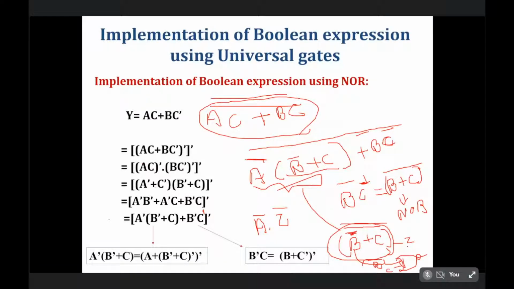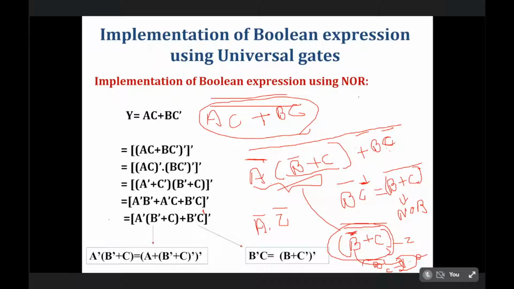Okay, so what we have to do here, one NOR gate, another NOR gate here, one more NOR gate here, one more, and here the whole NOR gate. So how many NOR gates are required here? 1, 2, 3, 4 and 5.